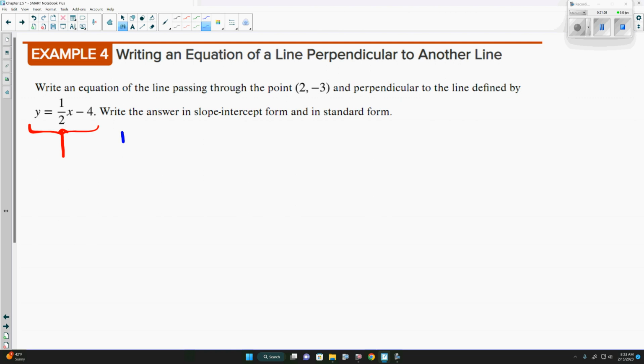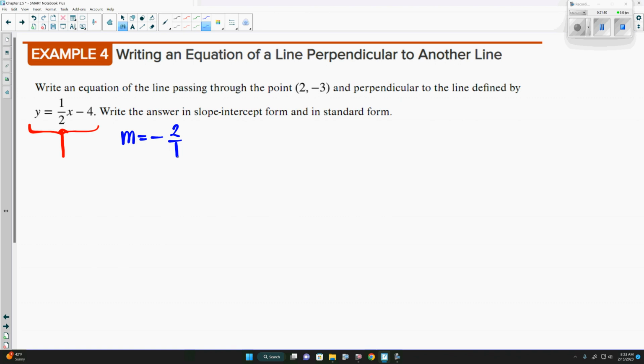So our new slope, since it's perpendicular, is the opposite reciprocal. Change the sign and flip it. Since the 1/2 is positive, our new slope is negative. Since it was 1/2, if we flip it, it becomes 2/1, or we can just say 2.